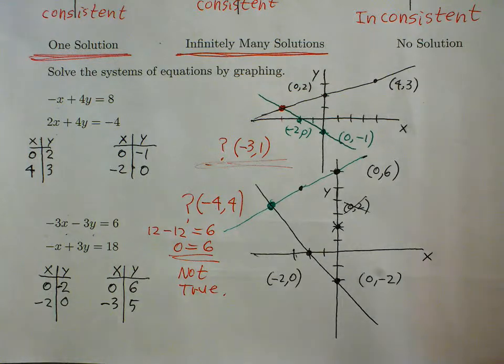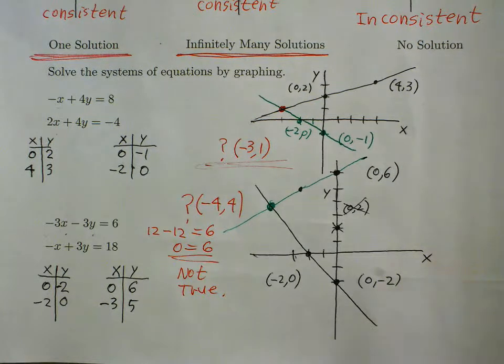Solving by graphing is not impossible, but if your graph is inaccurate, then it's hard to pin down exactly where the point of intersection is. So hopefully my failures will cause you to look forward to the algebraic methods. That's what we're getting to.